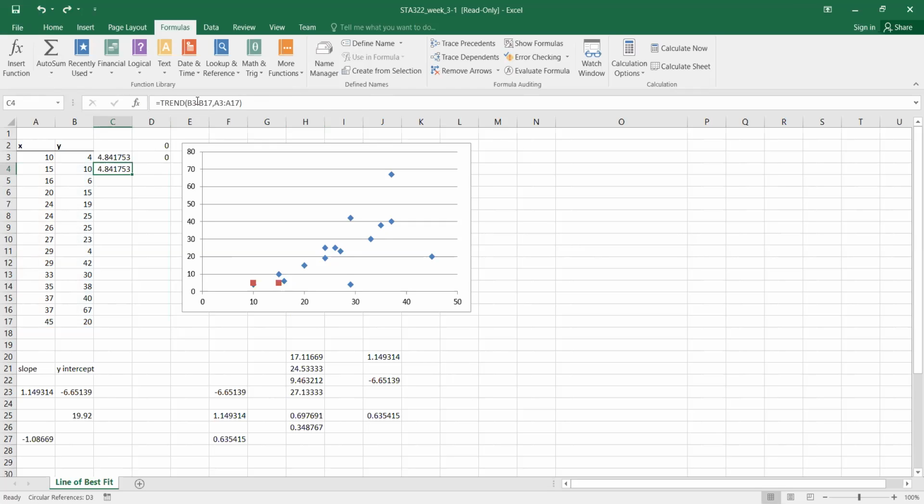Oh. B4 to B17. Nope. You know, I don't have any idea how I got that to work.